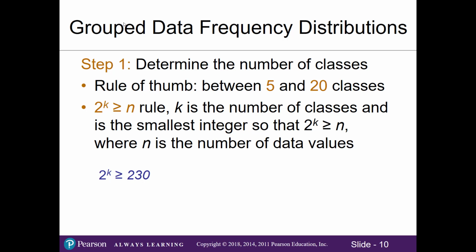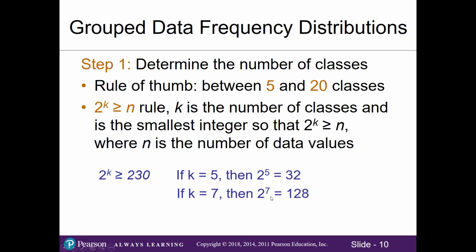Let's try 5, because remember the rule of thumb is between 5 and 20. If I take 2^5, I get 32. 32 is not greater than 230, so we have to keep trying. Since 32 is so small, I'm going to jump to 7. If k equals 7, 2^7 is 128.